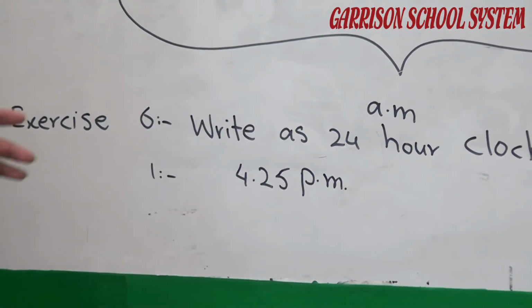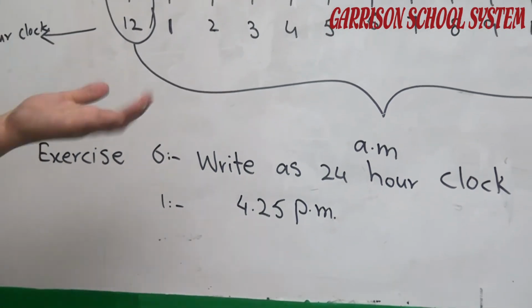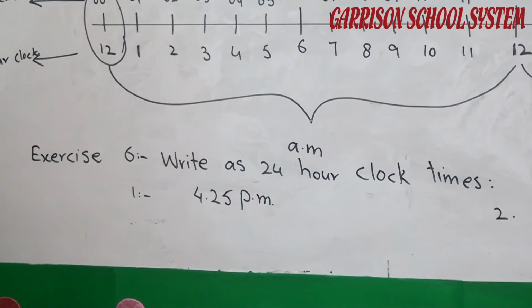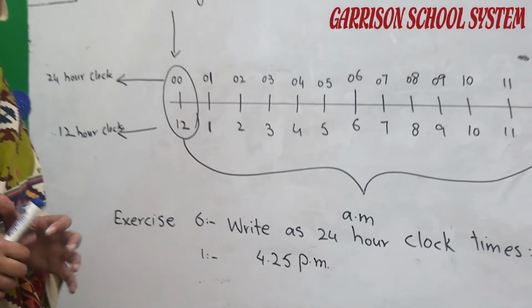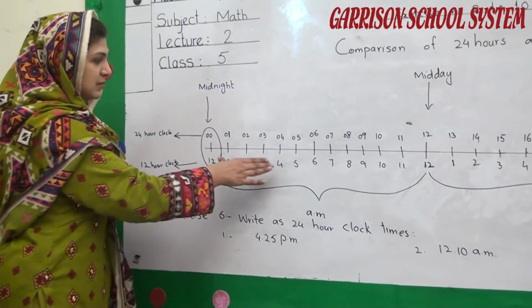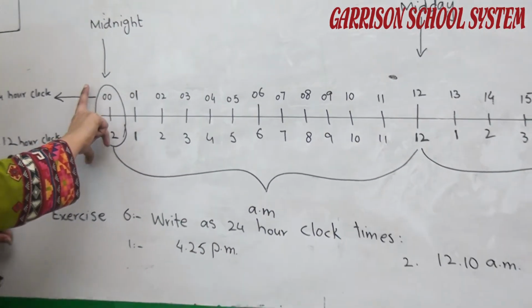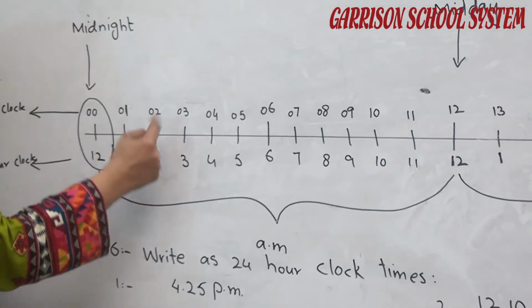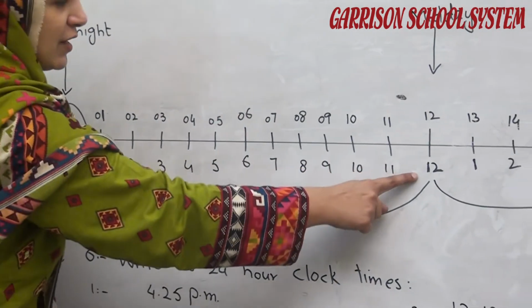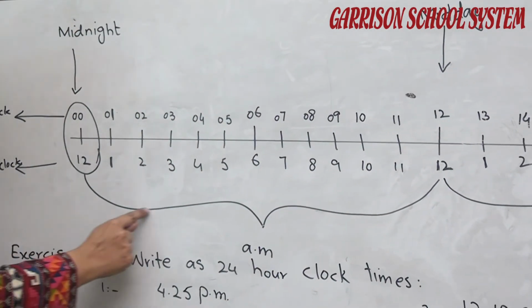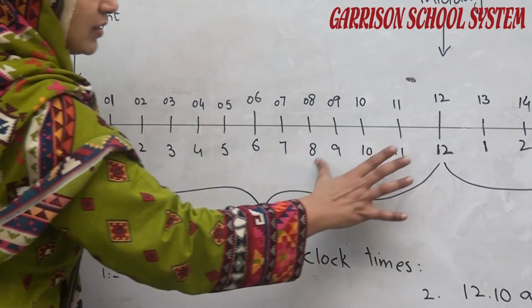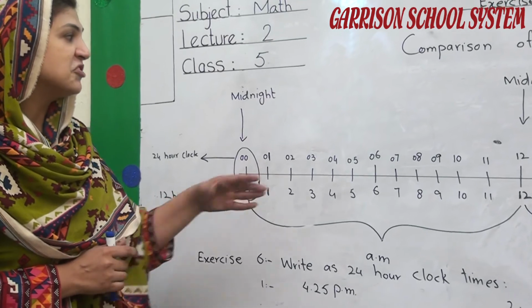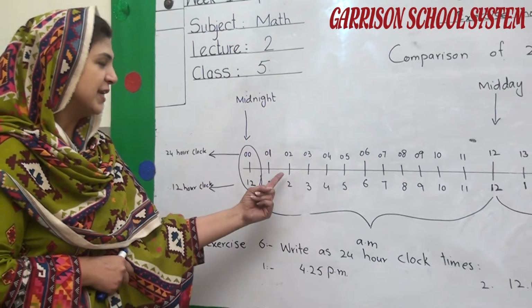There is a very simple way to convert 12-hour clocks into 24-hour clocks. Students, look at the chart. Here all the numbers are the same: 1, 1, 2, 2, 3, 3 and so on up to 12. This means in the AM period all the digits are the same, so we don't need to worry about changing the AM period.